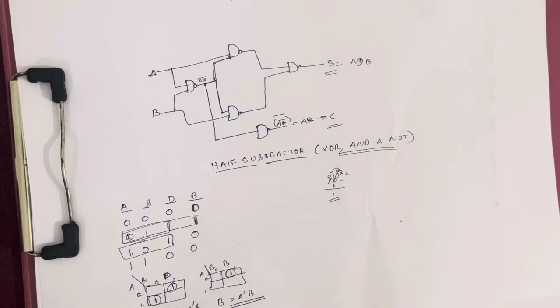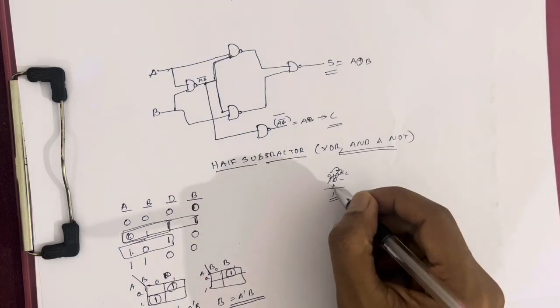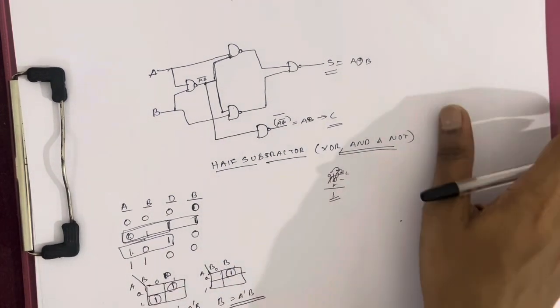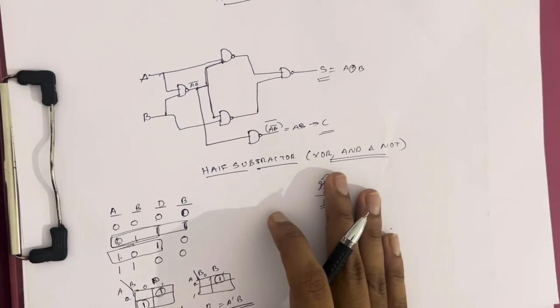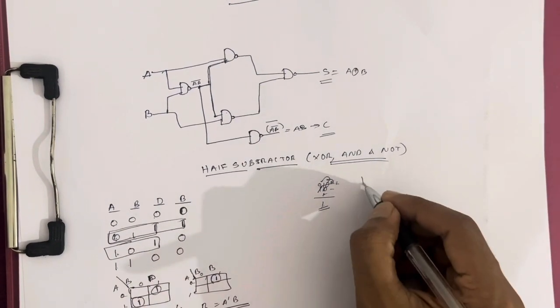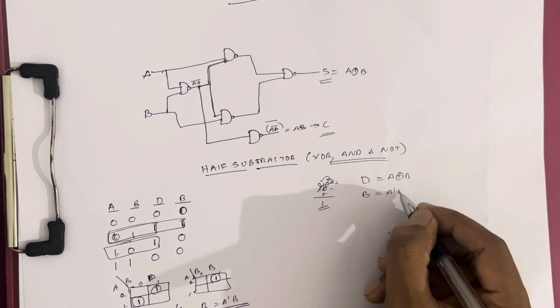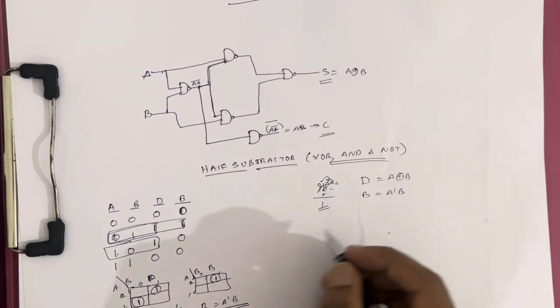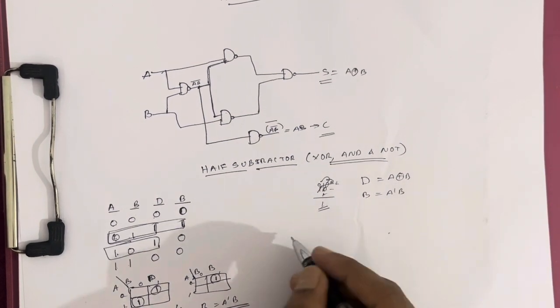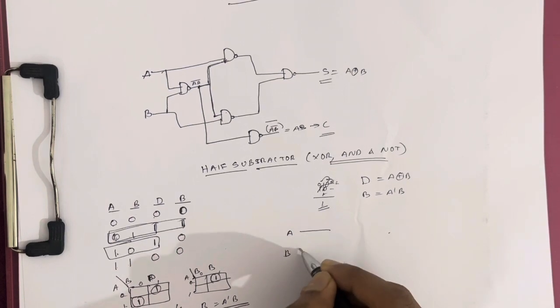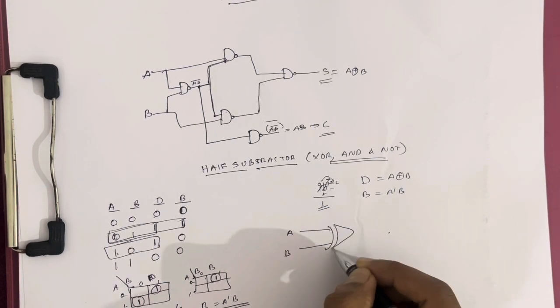Simple. Now I must say, pause the video and construct the half subtractor on your own. After that, come back to the video. Okay, now let's construct using these equations we gained from the K-map. The difference is A XOR B, and the borrow is nothing but A complement B. We get the difference A XOR B using an XOR gate, same as before in the half adder.